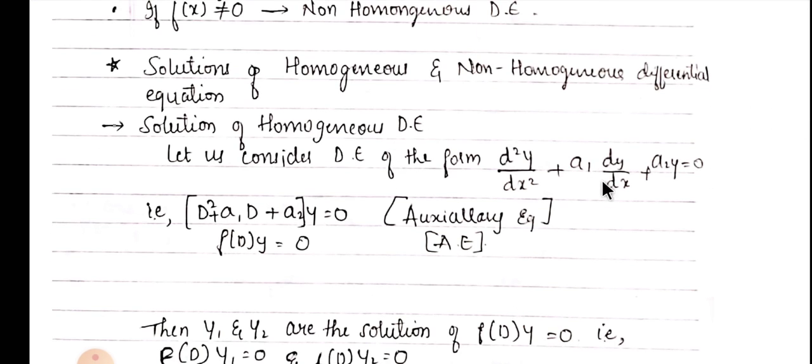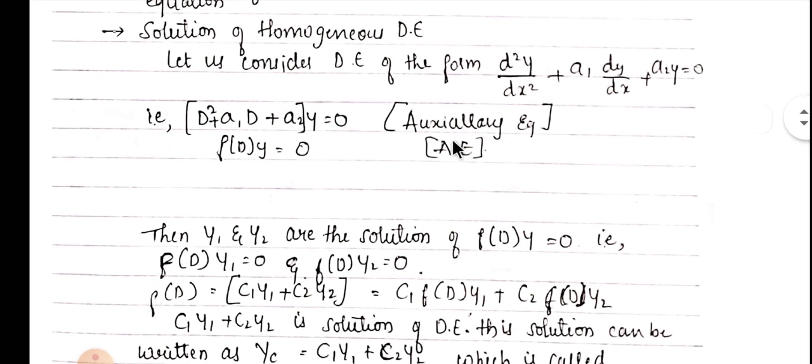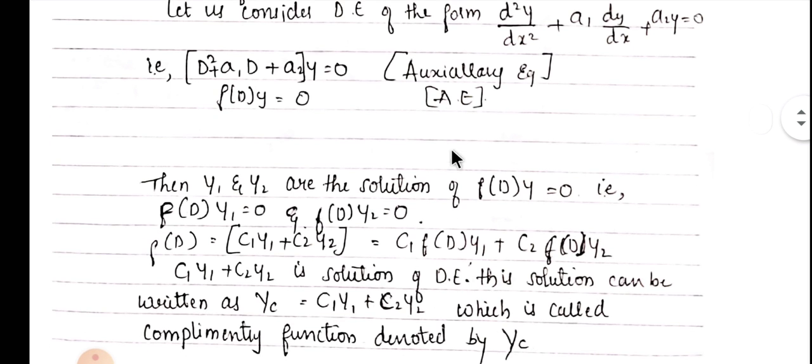I am considering a general equation, and this can be written, where d by dx can be written as D, as d square plus a1 into d plus a2 of y, which is equal to 0. Whatever we represent the given equation in terms of capital D, we will call it the auxiliary equation. In short, we will write it as A.E.